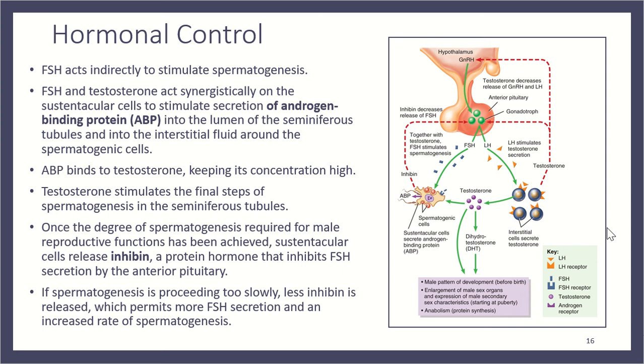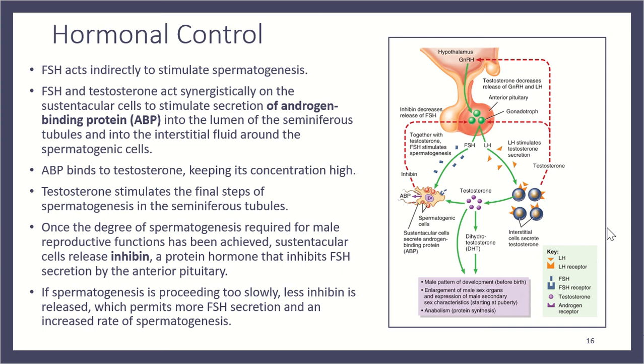These are secreted into the lumen of the seminiferous tubules and into the interstitial fluid around those spermatogenic cells. ABP is then going to bind to testosterone, and this is going to help to keep that concentration high, so it can't get broken down and filtered out by the kidneys and the liver.